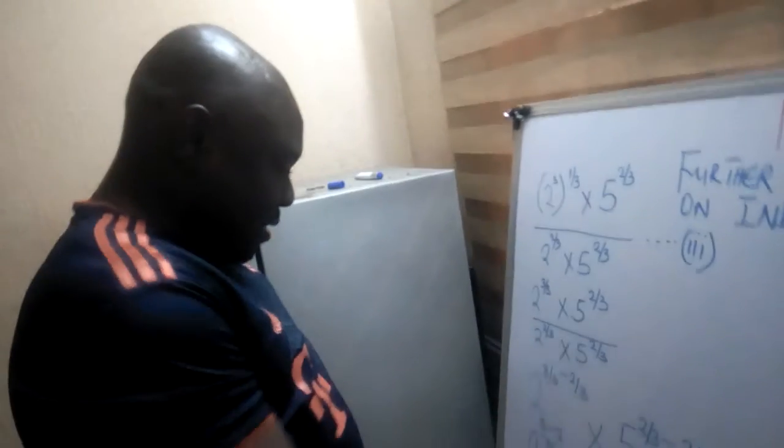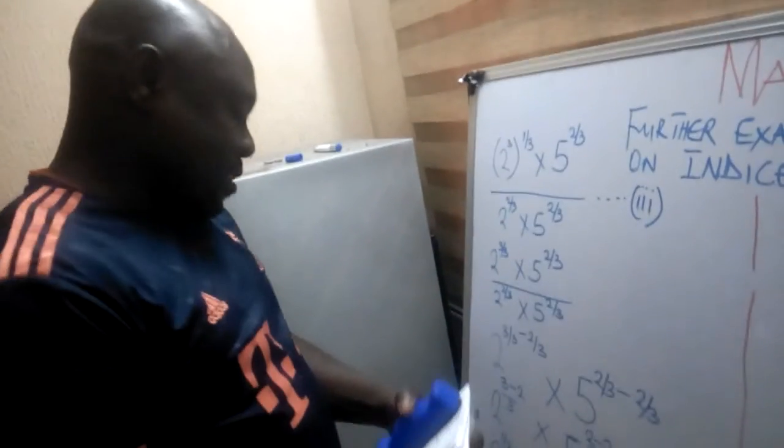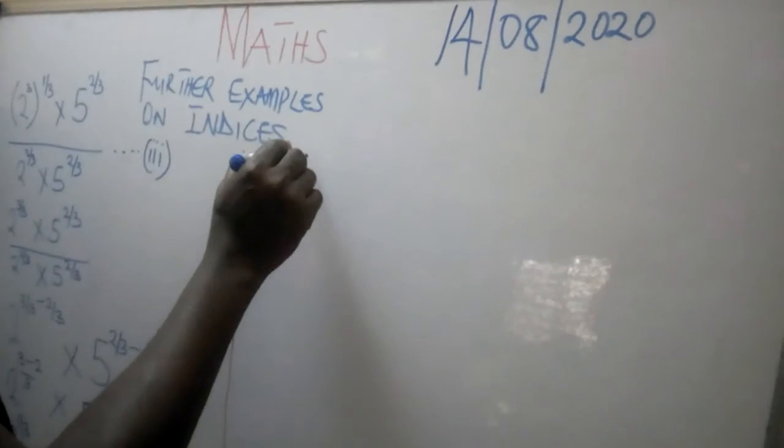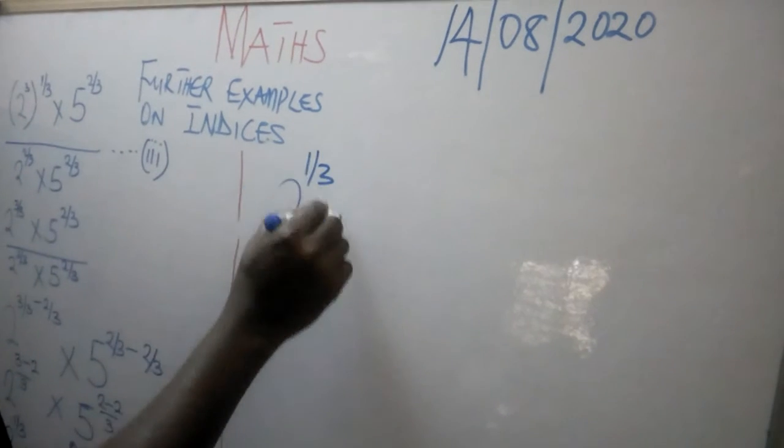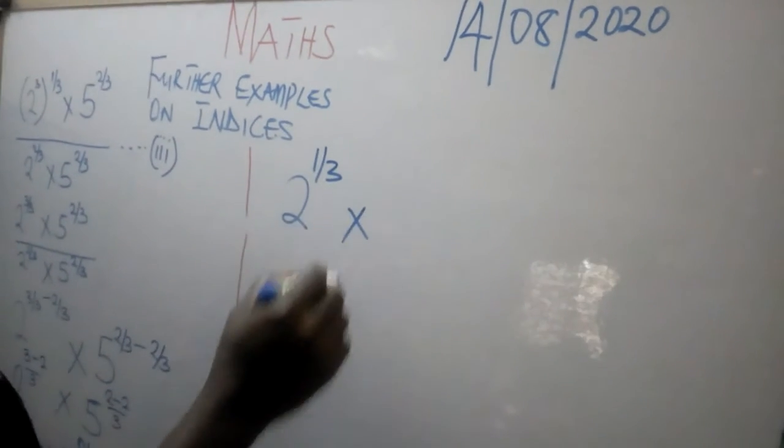I am doing this so that you will understand properly how the indices work. Because if we are to shorten it, I can shorten it, but I'm giving you this stage development so that you know how it works. So from here, I now have 2 raised to the 1 over 3 multiplied by 5. This 3 divided by 0 is 0.